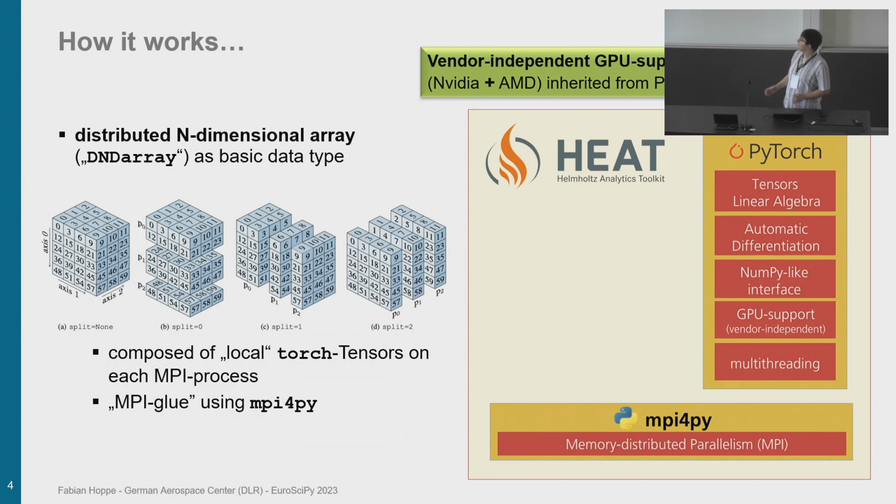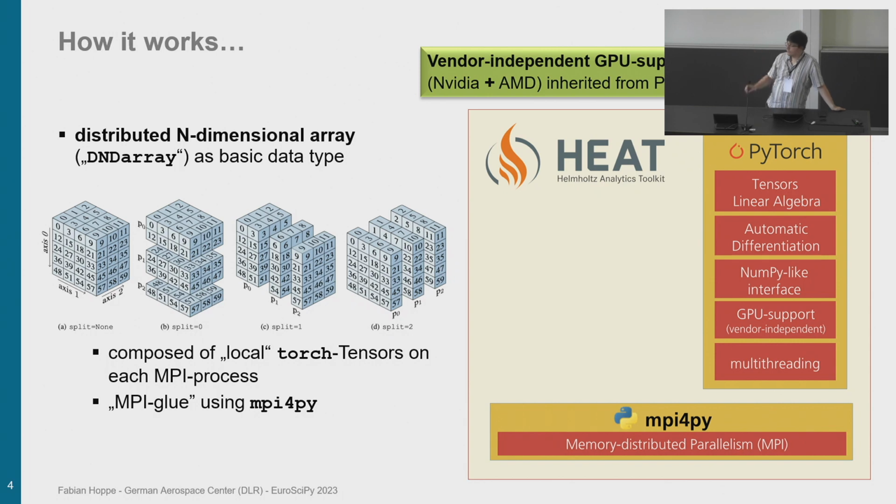And to glue these local arrays on each machine together into a global object, one requires some kind of communication. So these machines have to communicate, and there we use MPI. MPI, I think, is the most standard way of letting computers communicate, at least in the HPC setting.